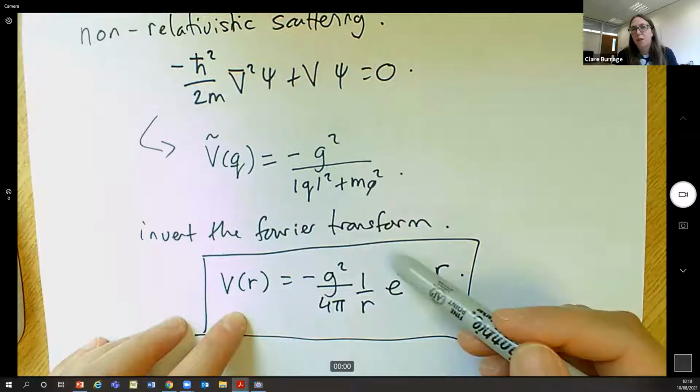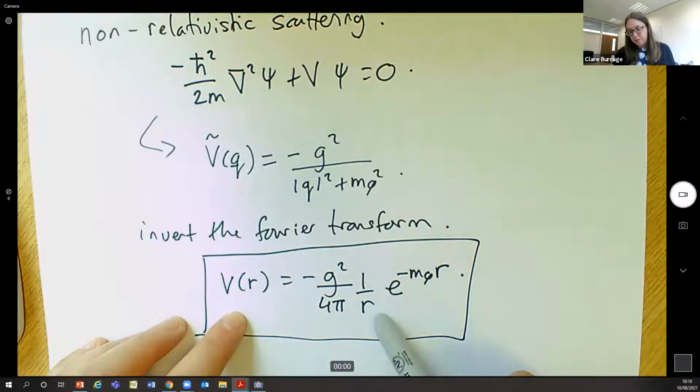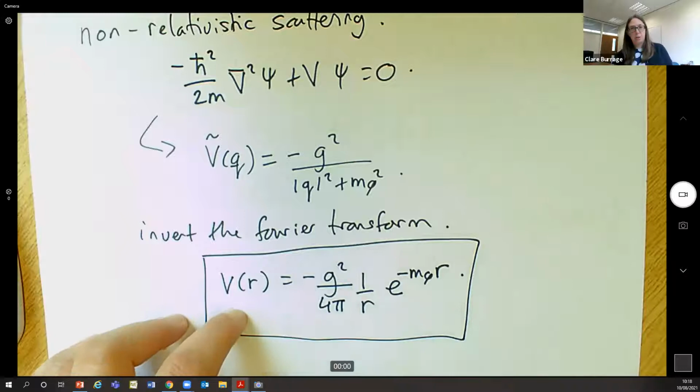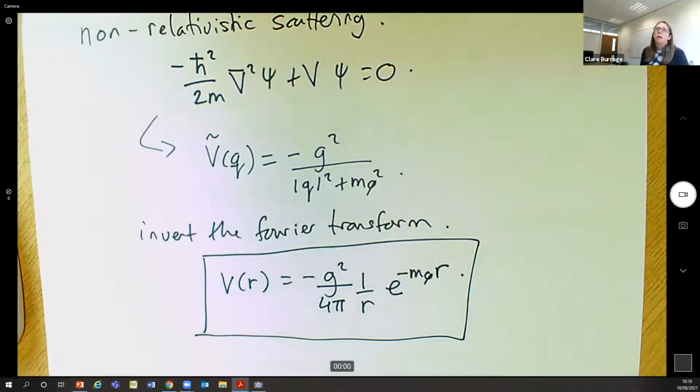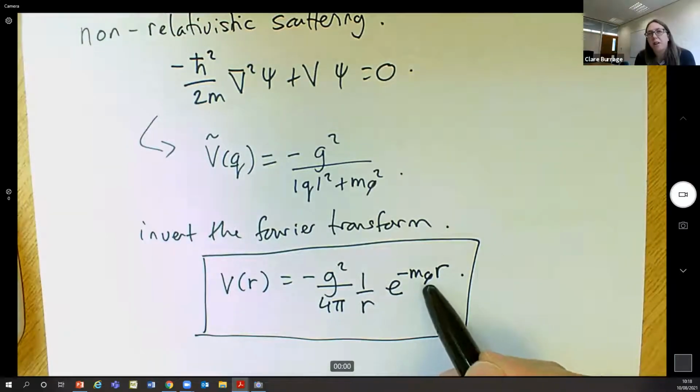We've got a 1/r dependence, as we would expect, and as we've said, a dependence on the square of the coupling constant.